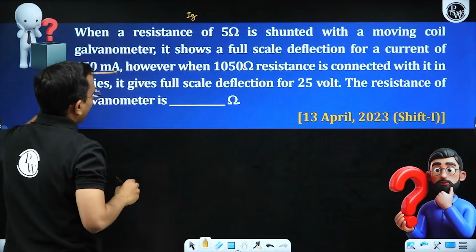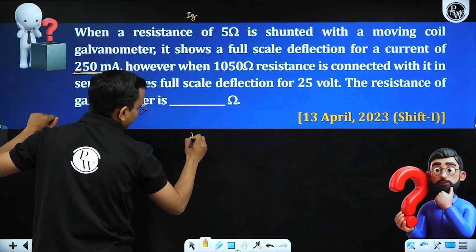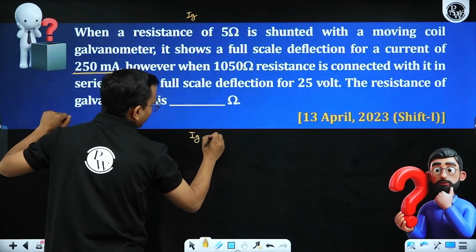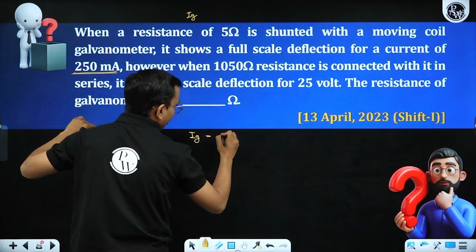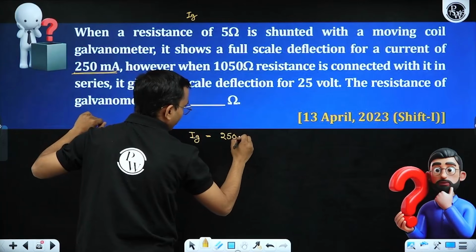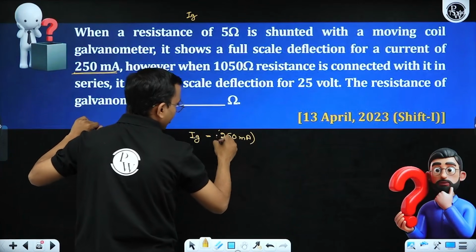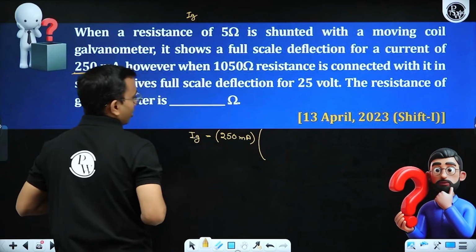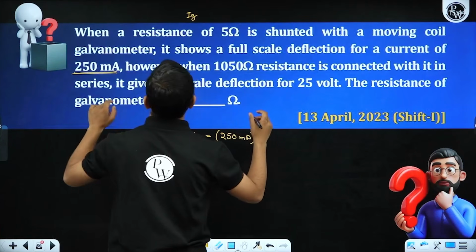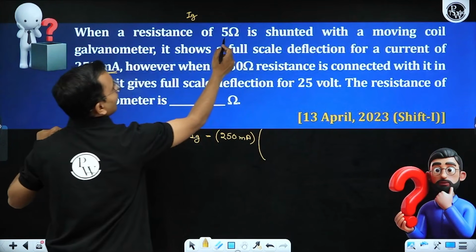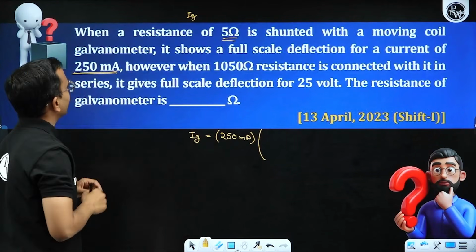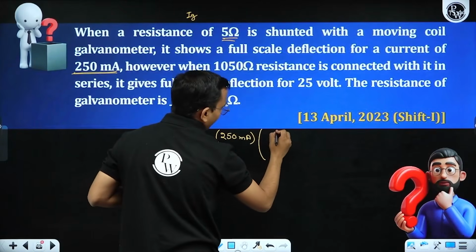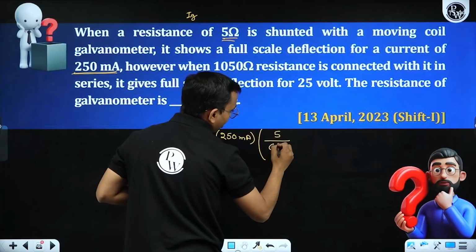So this Ig will be equal to total current 250 milliampere, into my R shunt, 5 ohm is shunted, so R shunt is 5, so into 5 divided by galvanometer resistance plus 5.